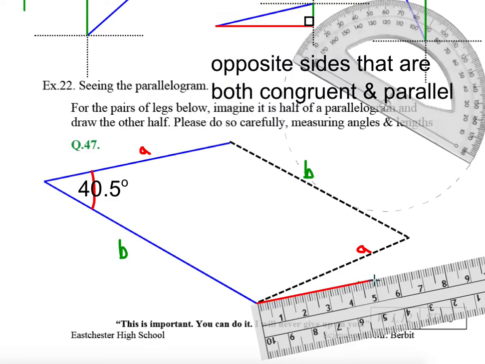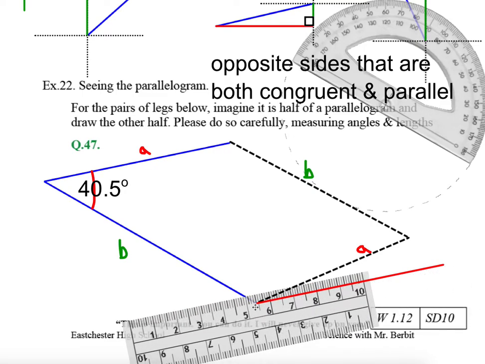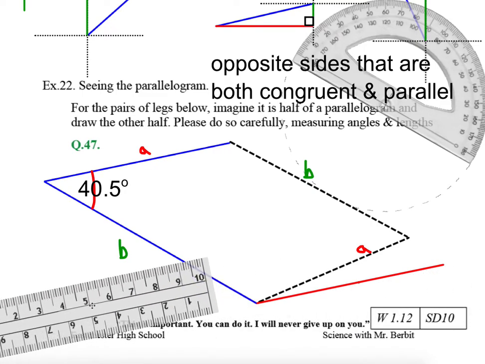So I'm going to go in the direction of that dot out to 8 centimeters, which is right there. A little too long. Let's back it up a little. There we go. Good. That is the correct opposite side A.